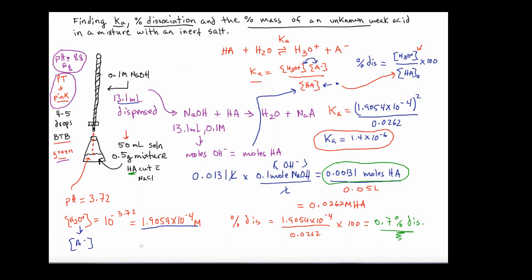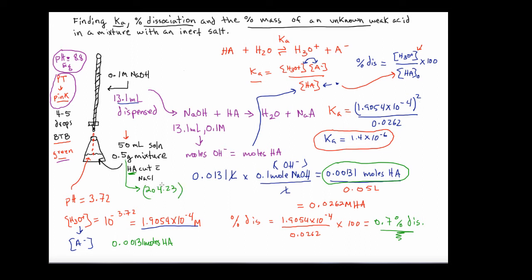I think what I'll do is slot it down here. So we'll pull this value down. It's going to be 0.00131 moles of the HA. All right, and we need the molar mass here, which I forgot to put into this at the beginning. So it is 204.23 is the molar mass of this acid.